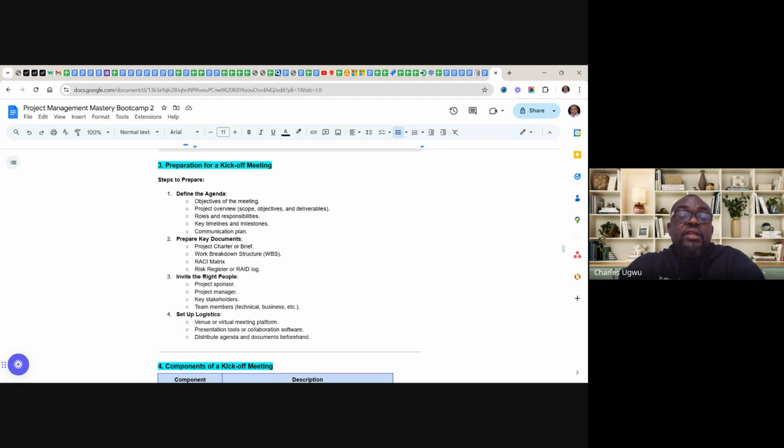If you don't have it, then you know that after the kickoff meeting, a very important thing to do is to have a RACI matrix. Invite them for a RACI matrix so that people will understand their roles and responsibilities. And risk register or risk log.